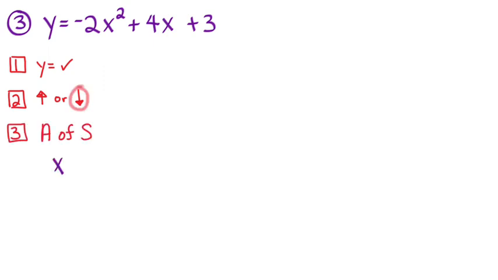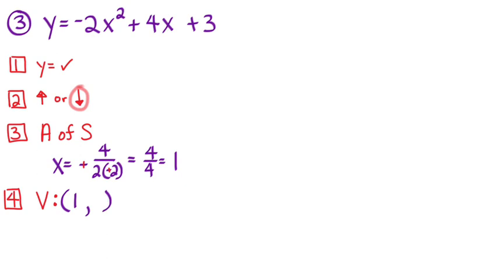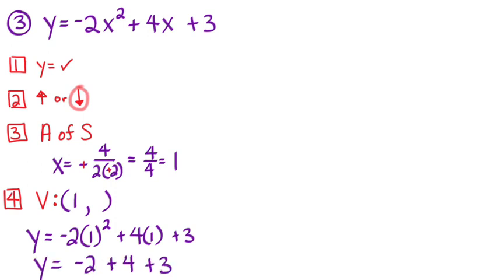Axis of symmetry, -b over 2a, will be -4 over 2 times -2, which gives us 4 over 4, which is 1. Solve for our vertex, plug it in. -2 times 1 squared plus 4 times 1 plus 3 will give us 5.